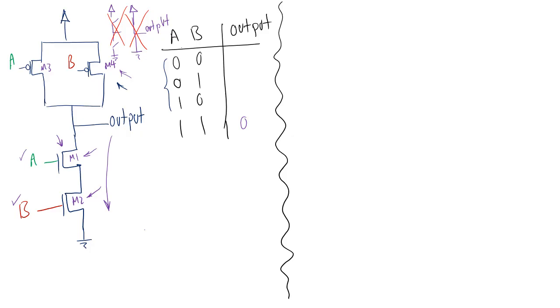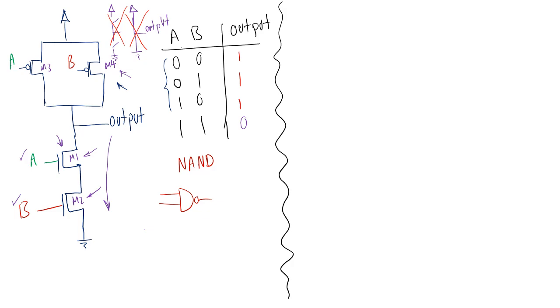Therefore, I'm going to have the output being 1. So I can say that for the other 3 cases, I'm going to have a 1. So what is this gate? Well, we know this gate as something called NAND, or this symbol that we had before. Okay, so this is how you actually make a NAND gate.